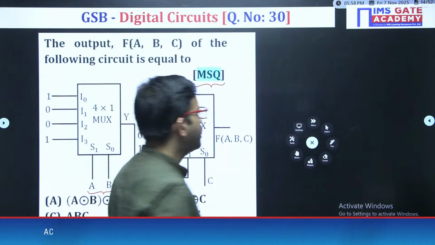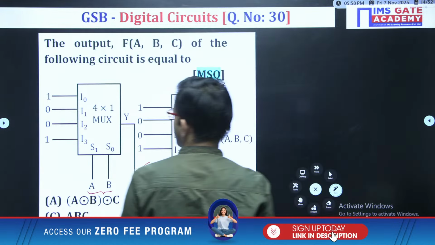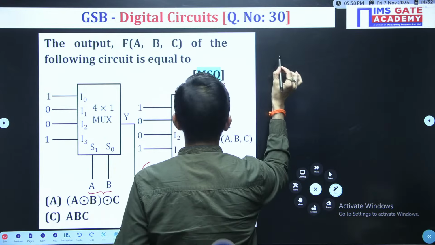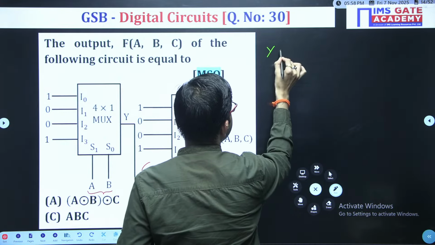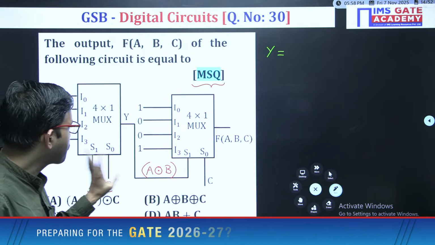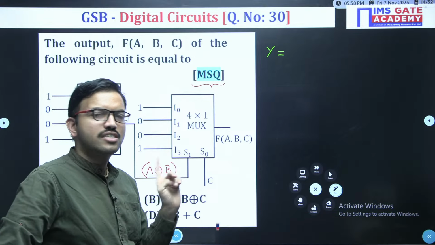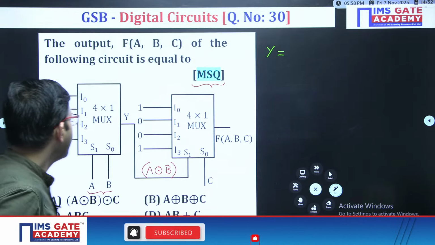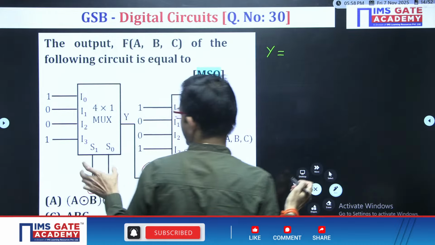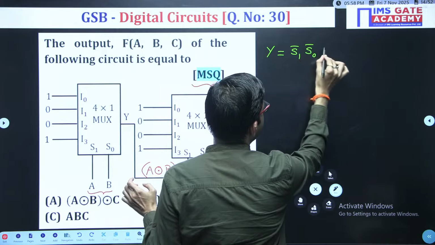If you have any doubt, I will discuss it here so that you can easily correlate. With respect to the standard equation of a 4-to-1 mux, for the first stage, Y. Since you have two selection lines, you have 4 combinations: 00, 01, 10, 11. In the 00 case I0 is connected, so I write S1 bar S0 bar I0.